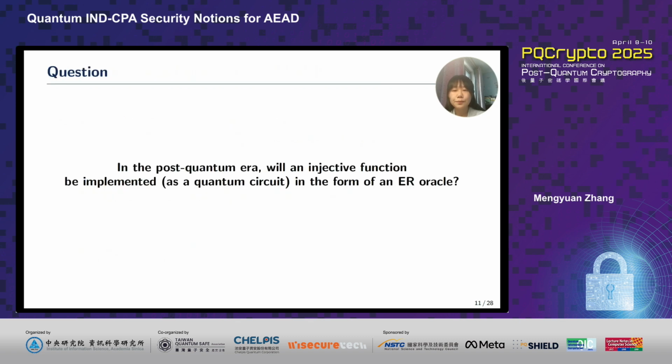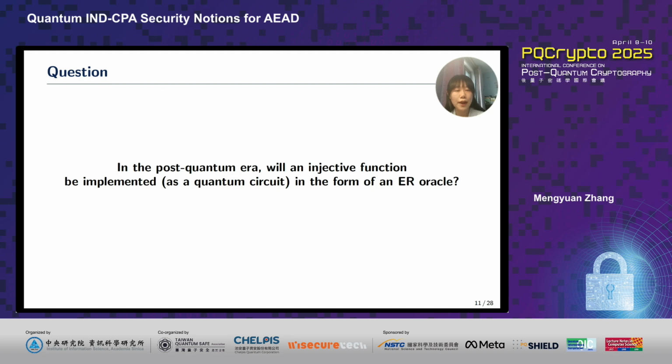Then such high complexity leads us to ask the following question, that is, in the post-quantum area, will an injective function be implemented as a quantum circuit in the form of an erasing oracle? Our answer to this question is yes.